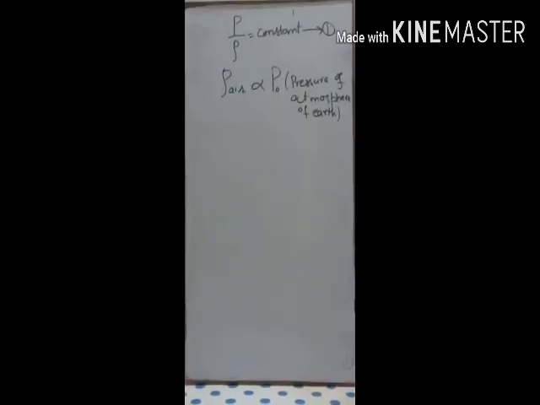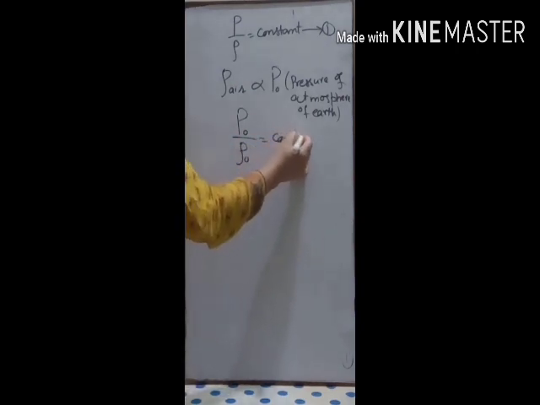As P over rho is constant, here the density of air is proportional to the pressure of the atmosphere of the earth. Now, this equation can also be written as P naught over rho naught is equal to constant.